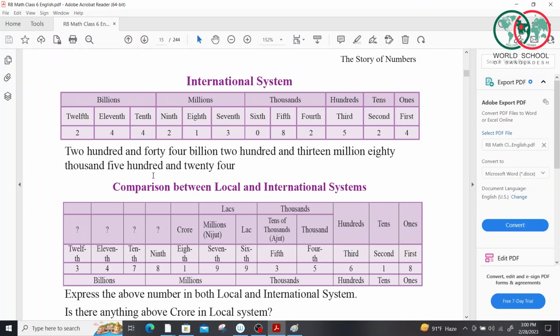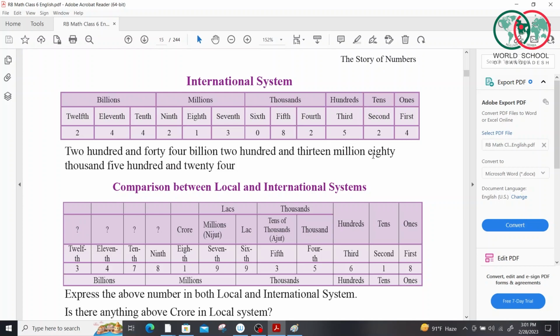Then 500, so in the 3rd place it will be 5. Till now it is similar to our local system, but after that it has written 13,080,000.